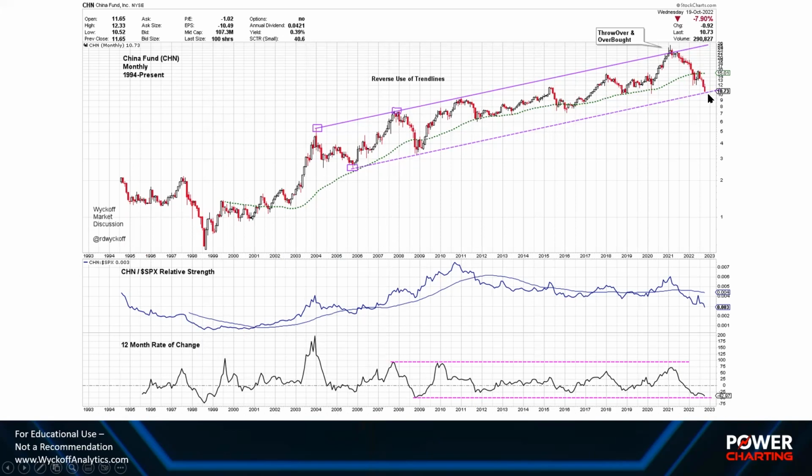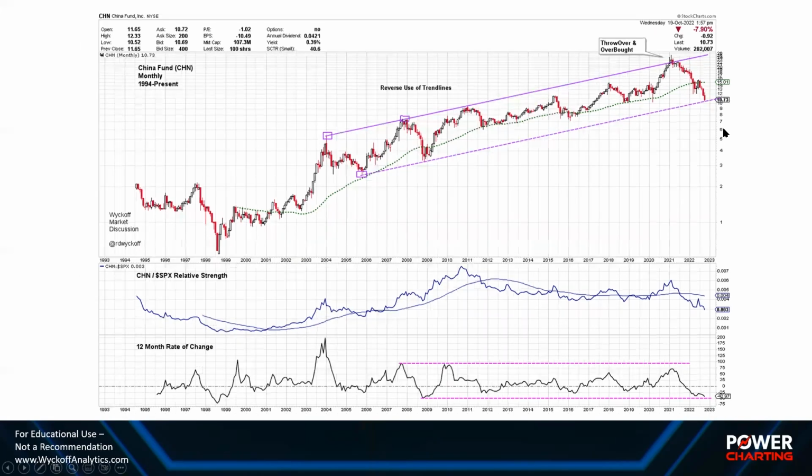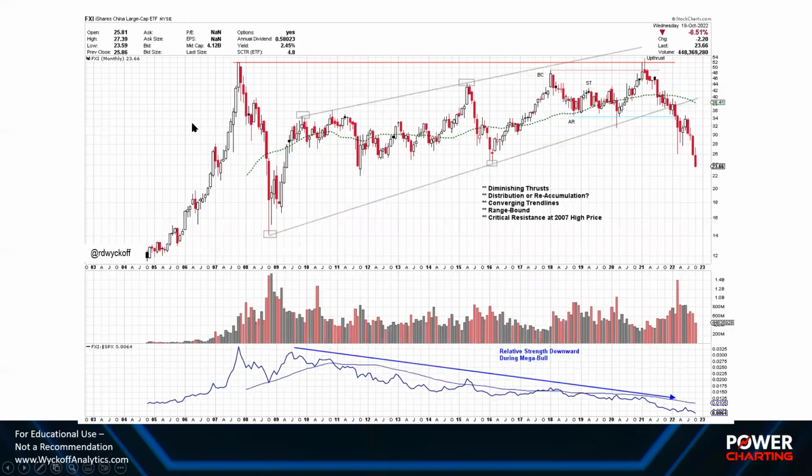So we will watch this closely, but this looks like an acceleration with a climactic bent to it. And we will see whether or not the dollar stalls here and the China fund can also find some kind of a low.